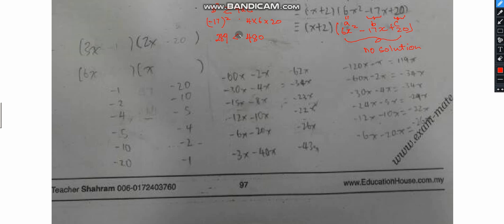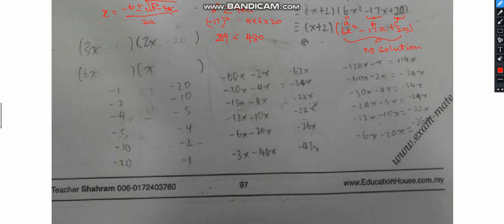So using the quadratic formula, where x equals minus b plus or minus the square root of b squared minus 4ac, over 2a: b squared is only 289, but 4ac is 480, so we end up negative. This part here becomes the square root of a negative value. That means there is no solution from here at all. If there is no solution from here, therefore you cannot factorize this part.